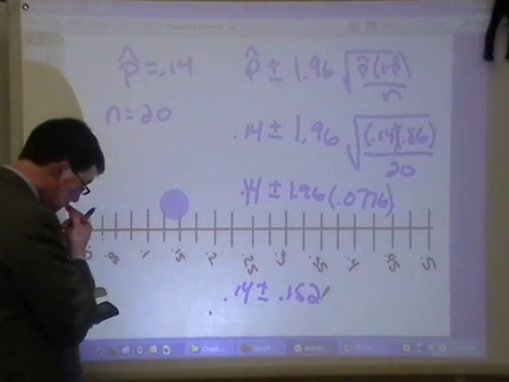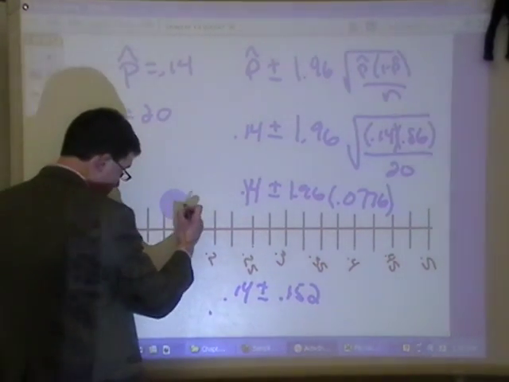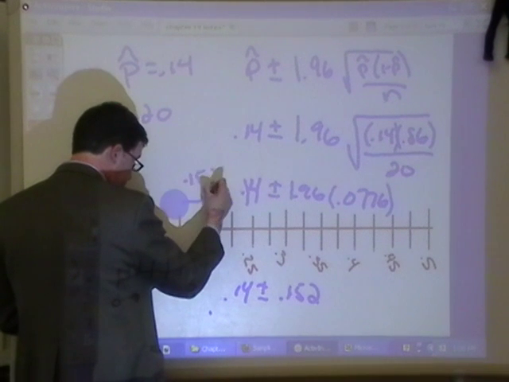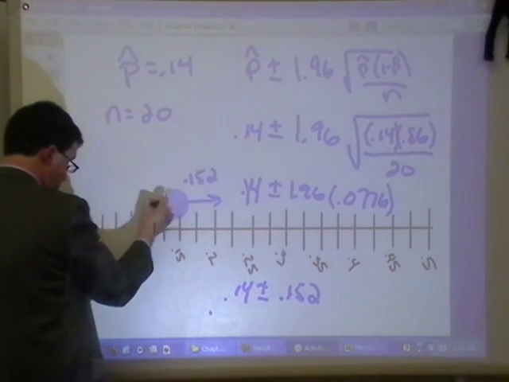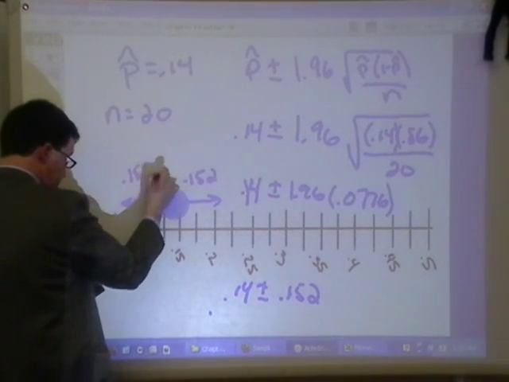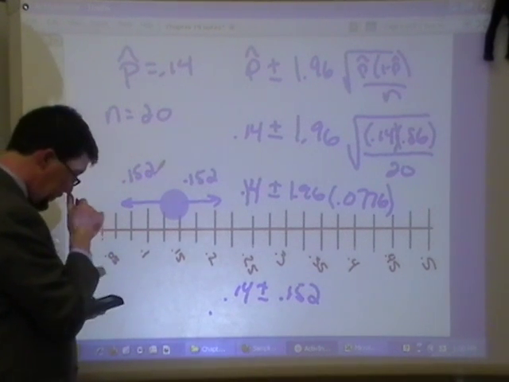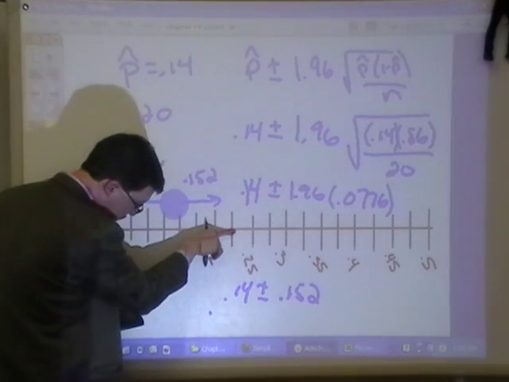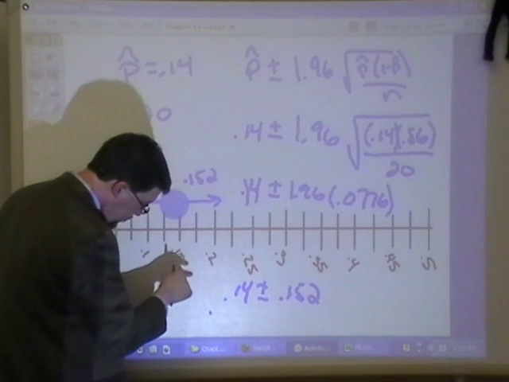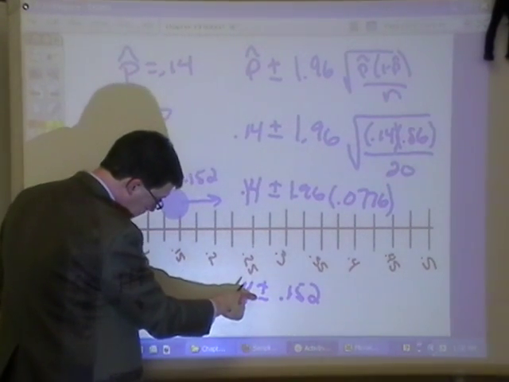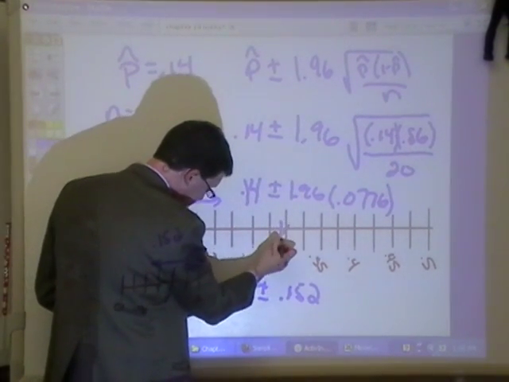0.152. So what does that mean? That means I'm going to go 0.152 in this direction and 0.152 in this direction. If I go to the right 0.152, that puts me at 0.292, which would be like there.